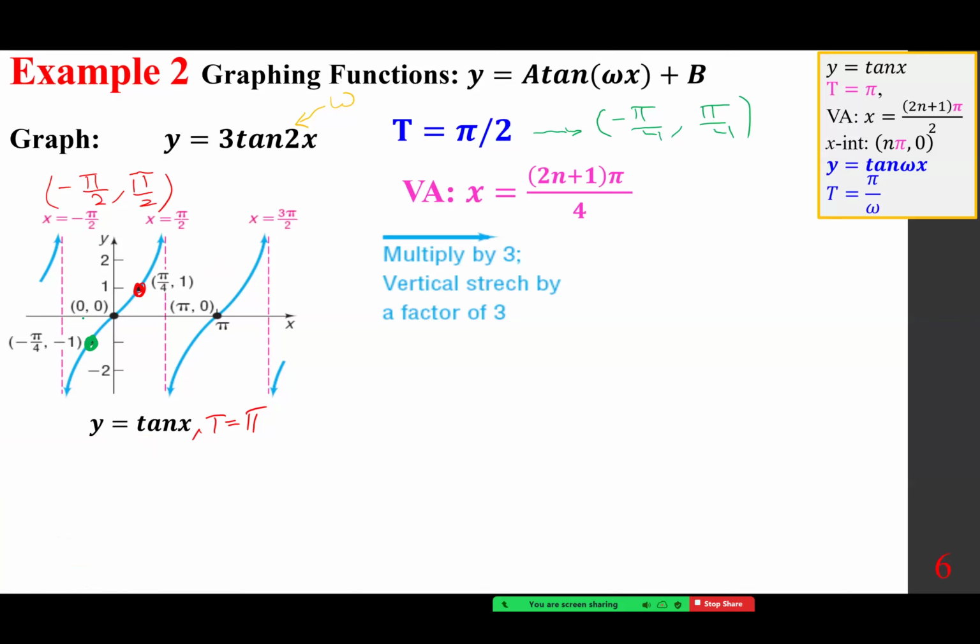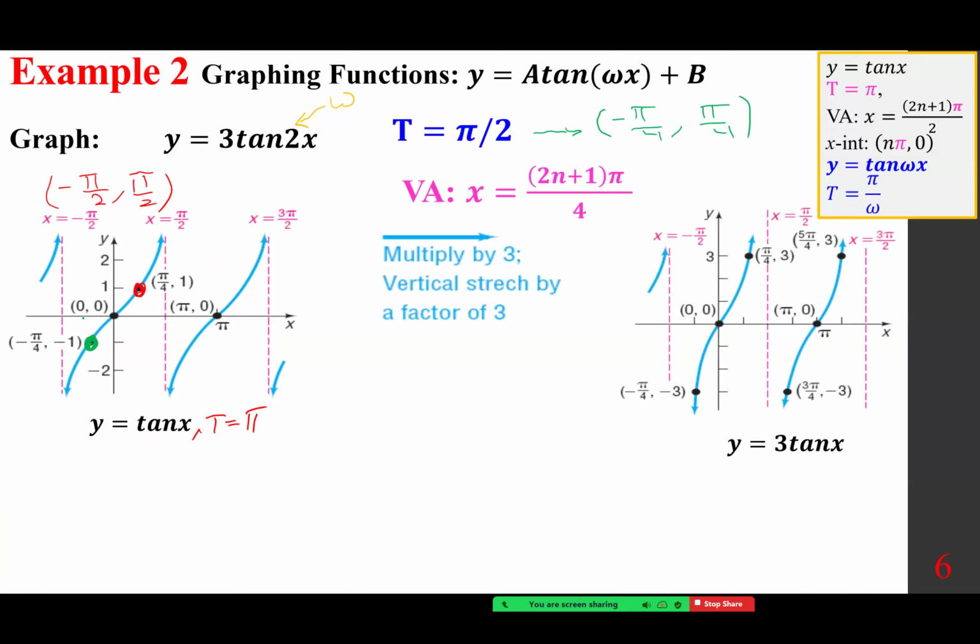This one too goes to negative pi over 4, negative 3. Nothing else changes. Everything else stays the same.